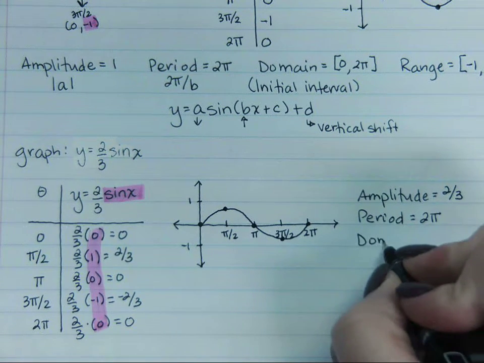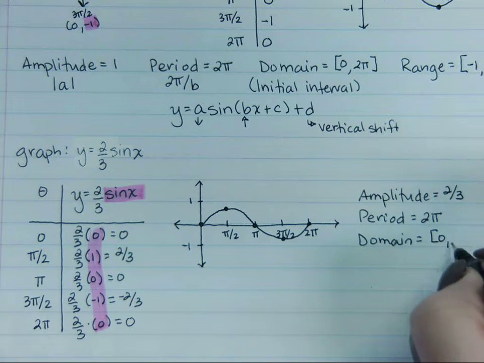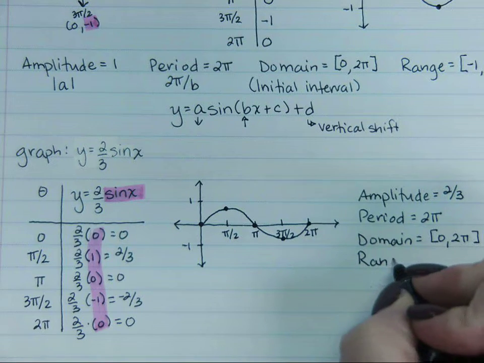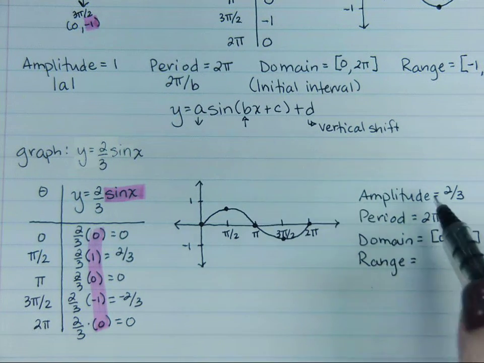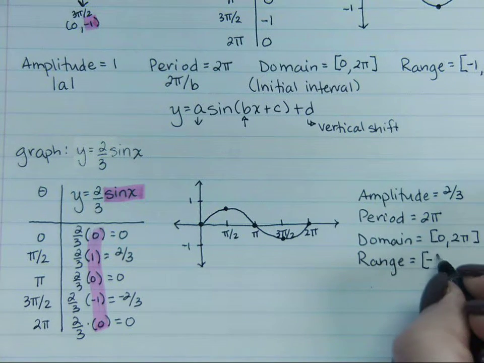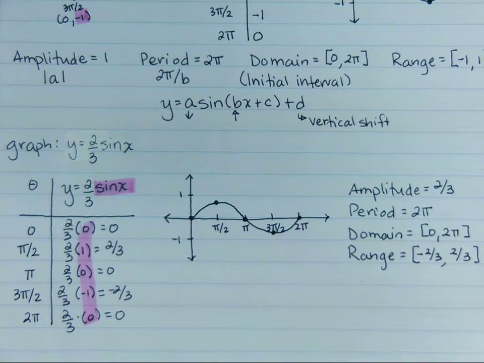Again, my domain, or my initial interval, again, started at 0, went to 2 pi. And now in this case, my range is also changing based off of this amplitude, because now the lowest that it goes is actually -2/3, and the highest it goes is +2/3. So your range is also going to change when we have a change in amplitude.